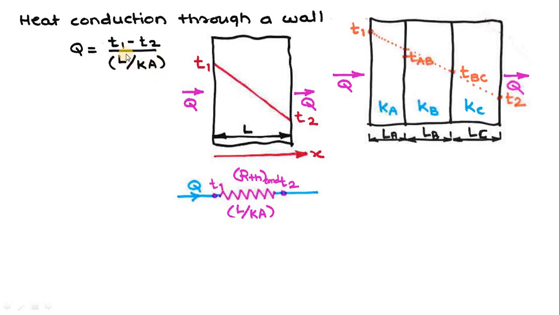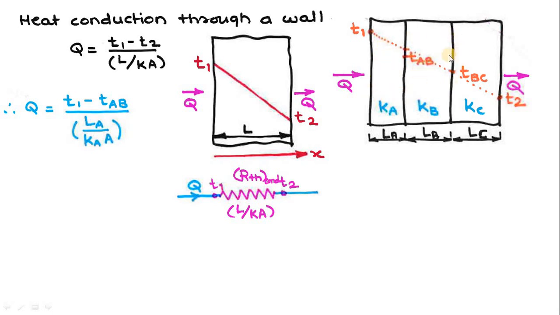This L upon KA is nothing but the resistance, and we show this diagram by this electrical analogy, right?